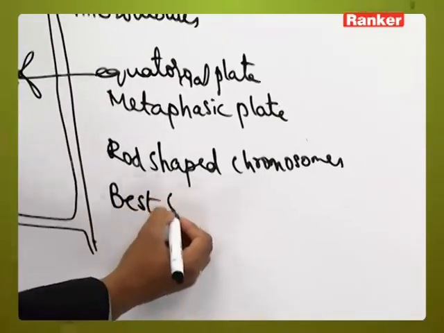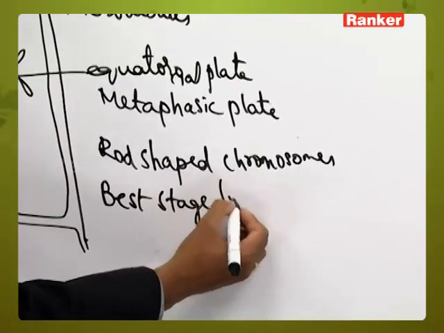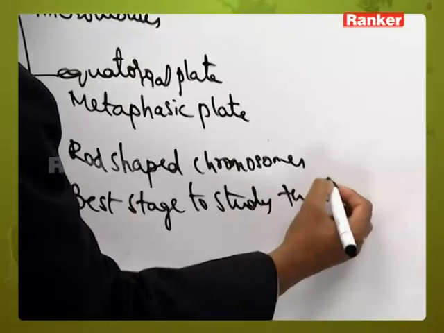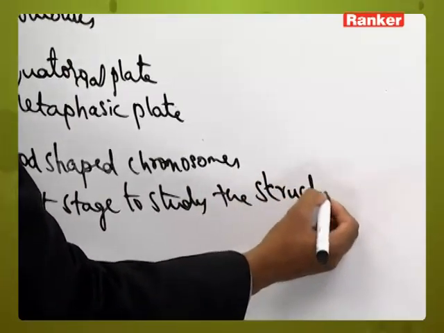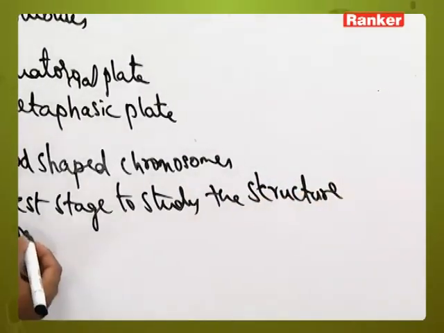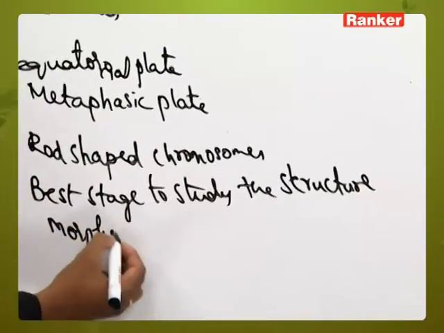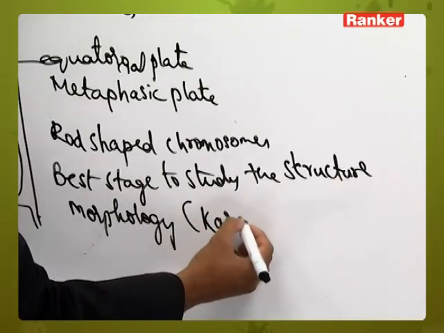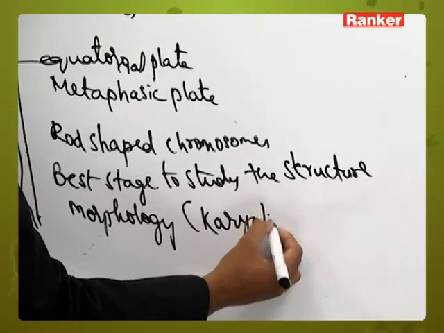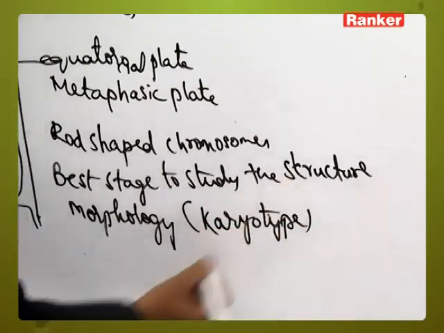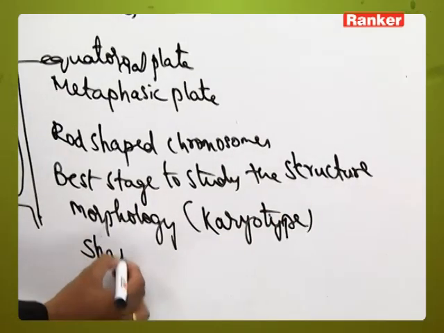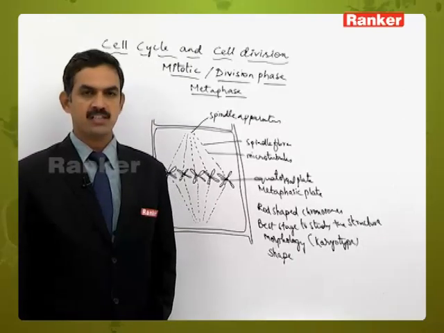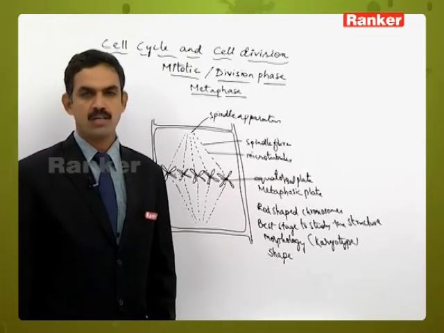Metaphase is the best stage to study the structural morphology and shape of chromosomes, or the karyotype of the chromosomes. So these are the changes taking place during the metaphase of mitotic division.